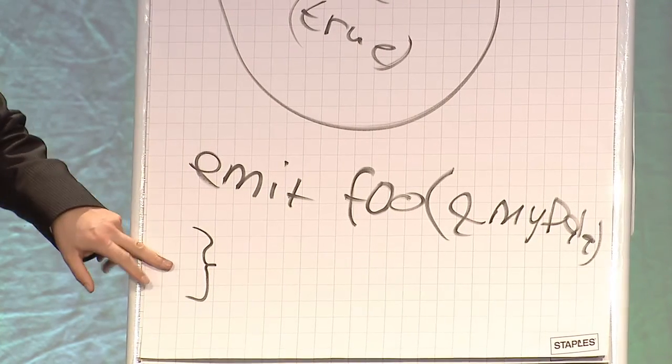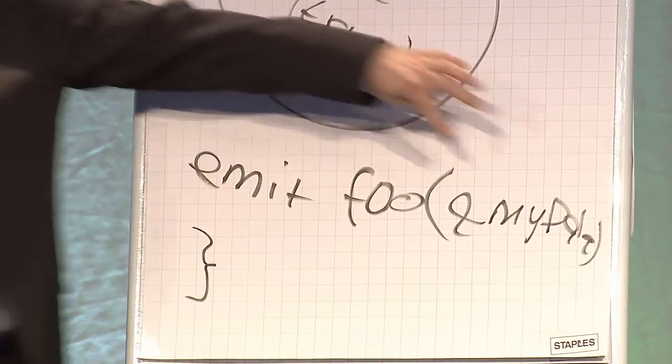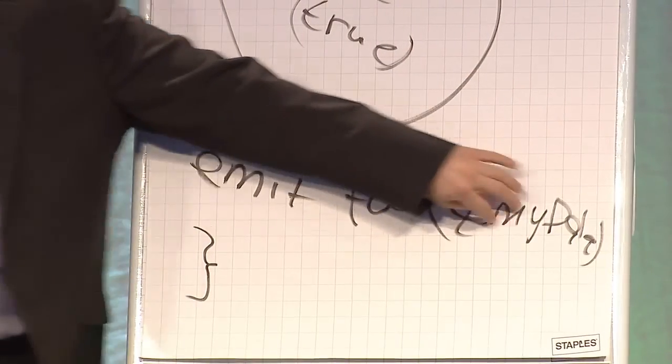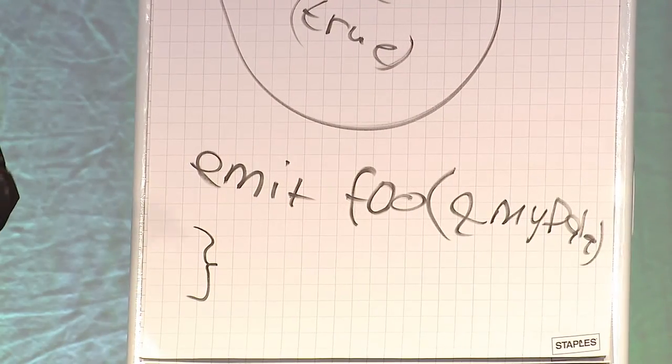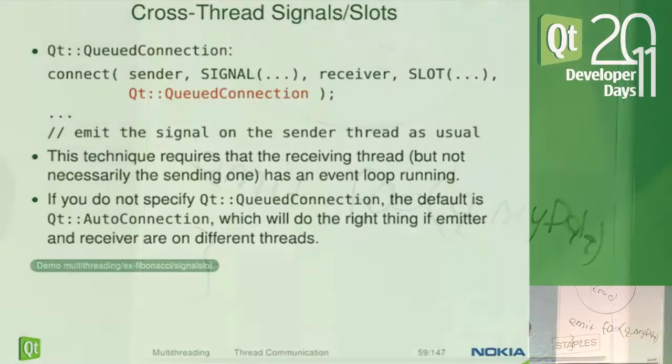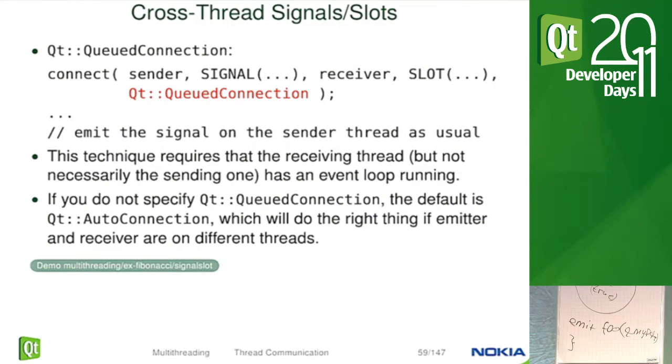And when you are actually destructing your data, it wasn't a stack object here. When you're destructing it, all the slots will have been executed. Everything is fine. But as soon as you enter the land of signal slot connection among threads, this line here, all it'll do is marshal all those parameters here, put them into an object that goes into the event loop of another thread, and it's done.